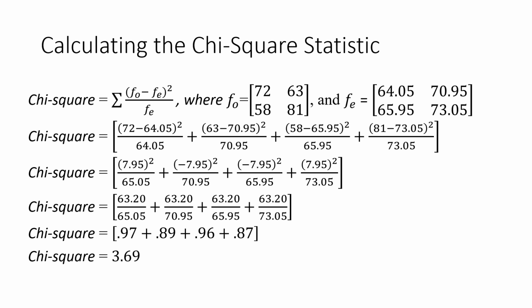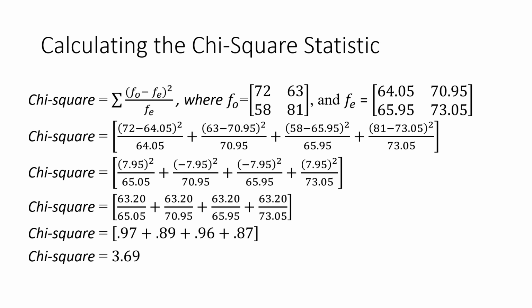So we have our observed frequencies of 72, 58, 63, and 81. And you'll remember in the previous slide, I calculated our expected frequencies corresponding to those numbers as 64.05, 65.95, 70.95, and 73.05. So with that information, we simply plug in the values.